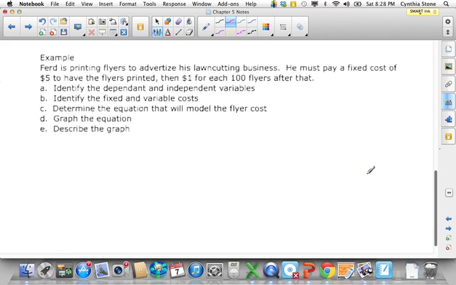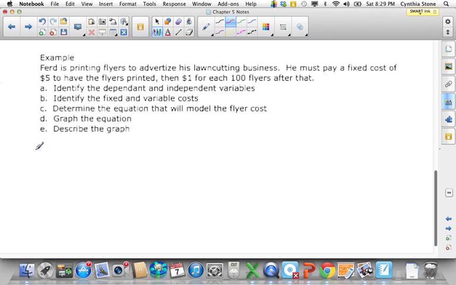Okay, big example. Ferd is printing flyers to advertise his lawn cutting business. He must pay a fixed cost of $5. So it tells us the fixed cost, right? And then $1 for each 100 flyers that are made. So it says identify the dependent and independent variables. So there's no time this time, so it's a little bit harder, okay?